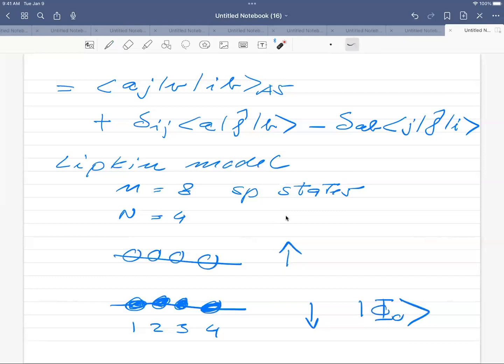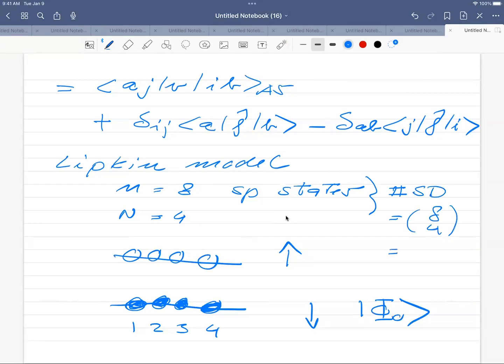And then you clearly see that we can make 1 particle, 1 hole, 2 particle, 2 hole, but we can make up to 4 particle, 4 hole excitations. And the total number of states, given the combinatorial number of Slater determinants you can make, is given by 8 choose 4.